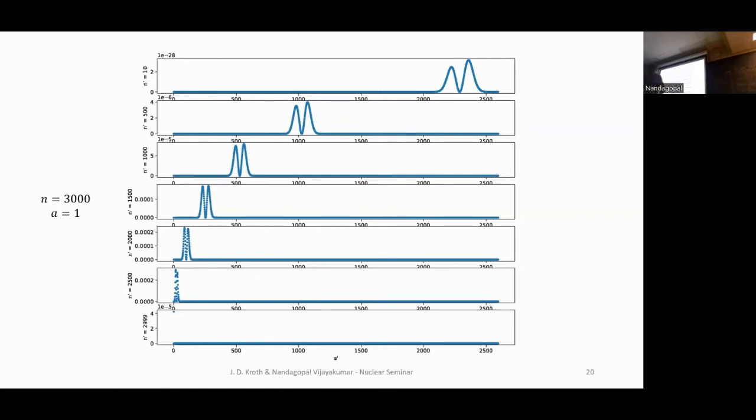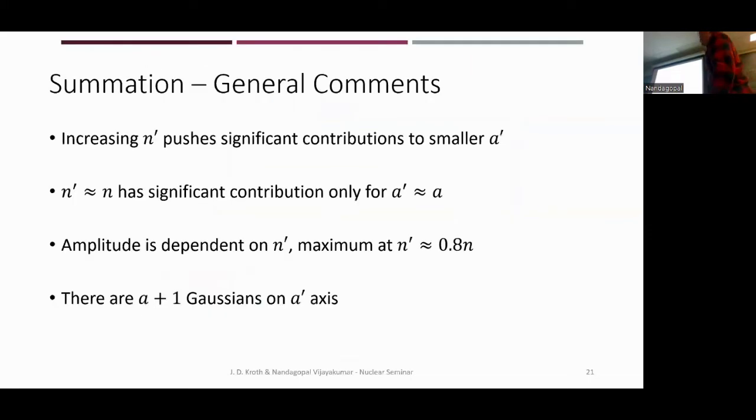This is with A equals 1, so it's potentially hard to see. This is essentially just A prime equal to A, or thereabouts. So again, the comments that I just made: increasing N prime pushes our sum contributions to the left. N prime approximately equal to N only has significant sum contributions for A roughly equal to A prime.